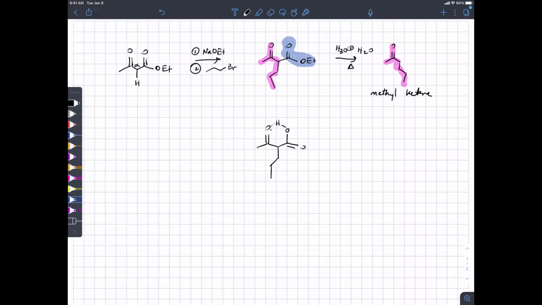And then the following happens: lone pair electrons attack that proton, electrons kick down and kick off the enolate as a leaving group, and your first intermediate is this enol, which goes on to tautomerize to the methyl ketone, and of course you lose CO2, which is irreversible.